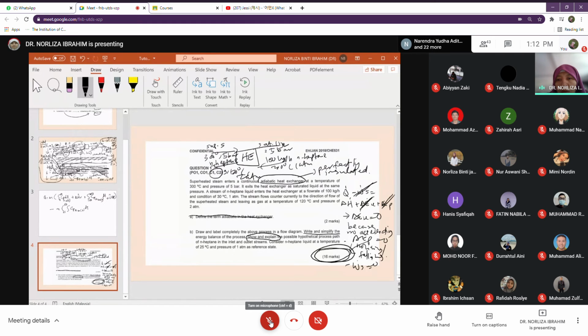I think this is not during my time of teaching. Maybe. Okay, all right. So next is on the hypothetical process path of N-heptane. So again, this one is actually repeating the water one from earlier. So for N-heptane inlet, how many paths do you get?